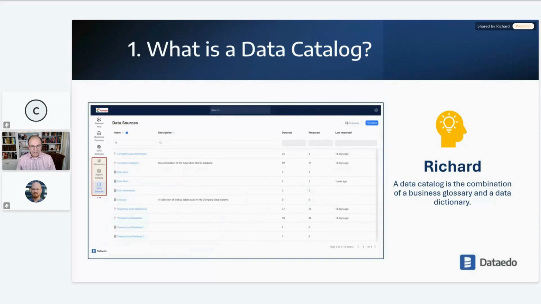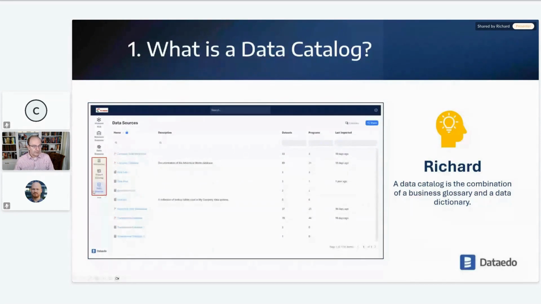So here's what Dataedo looks like as we start to get into the data catalog. On the sidebar menu on the left, we can see that we do have the glossaries right there. So we can click there and get into glossaries that exist in the data catalog, along with understanding about the terminology there. We'll talk more.